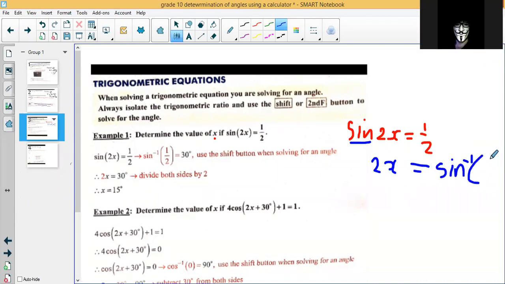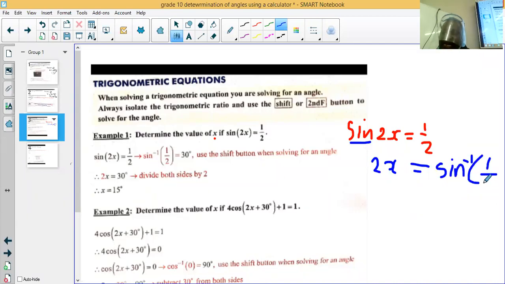In actual fact, you are finding arc sine. So if you press shift sine and you put half, what do you get from your calculators? You got 30. Oh, so we are done, right?